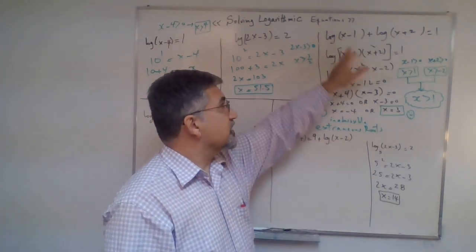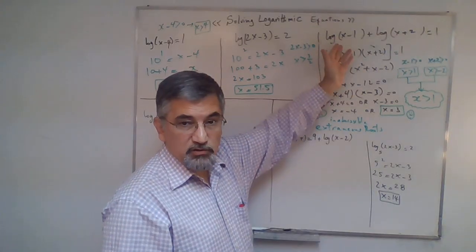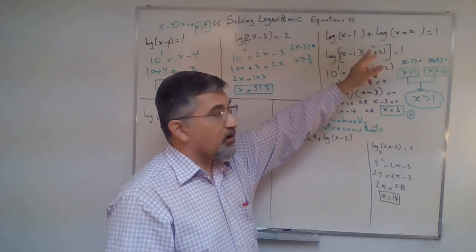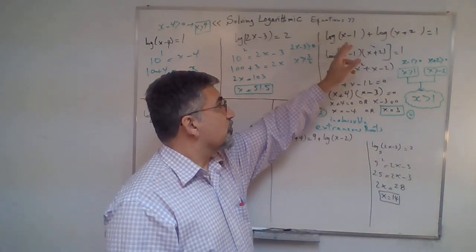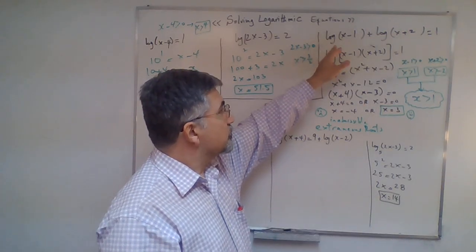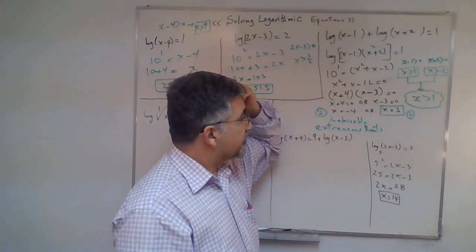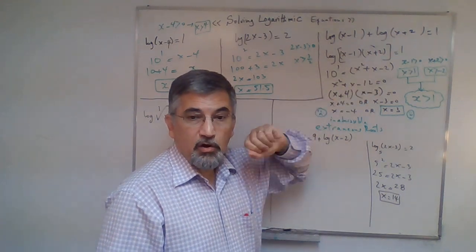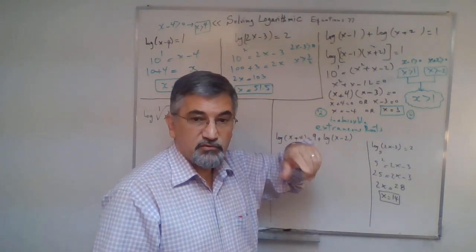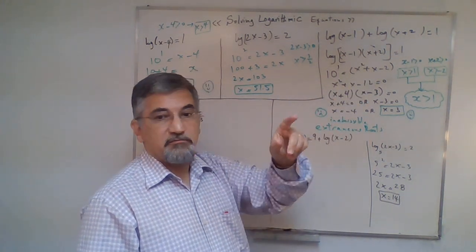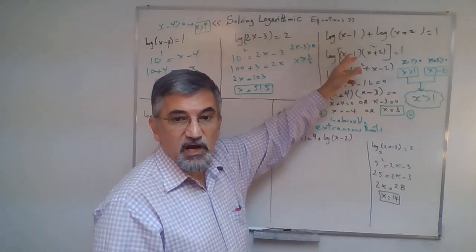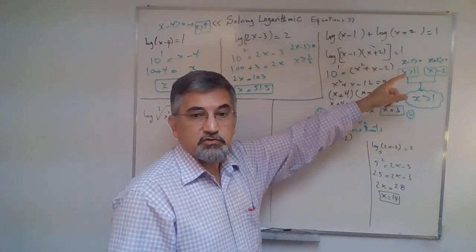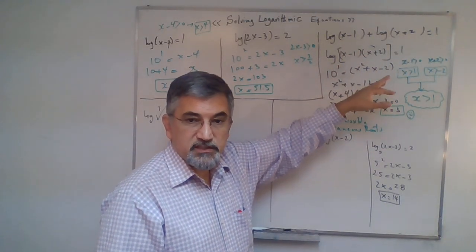But if you plug in 3, log of 3 minus 1, which is log of 2, and over there we're going to have log of 5. So log of 2 plus log of 5 would be log of 2 times 5, which is log of 10, and log of 10 base 10 is equal to 1. That's the left-hand side. But look at the right-hand side. It's also equal to 1. So that means the left side equals the right side.